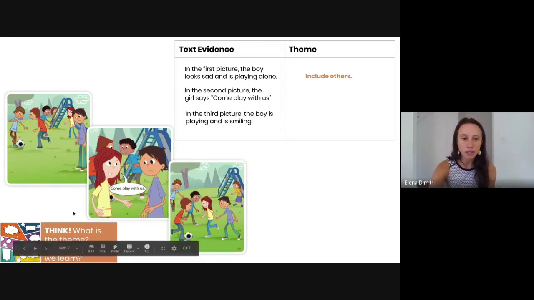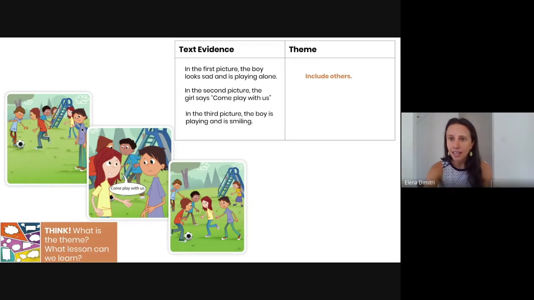So this girl saw the boy who was alone and she decided to include him, which made him feel happy and he enjoyed playing with other people. So the lesson that I learned from this is I want to always try to include others whenever I can. If I see someone who's upset or someone who looks lonely, it's always good to include other people.